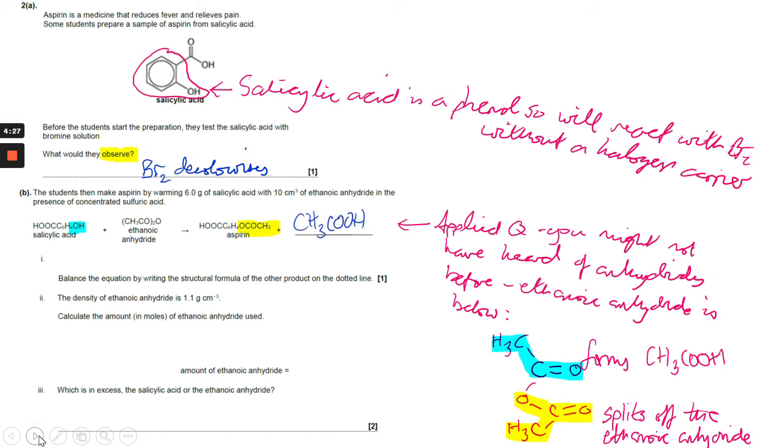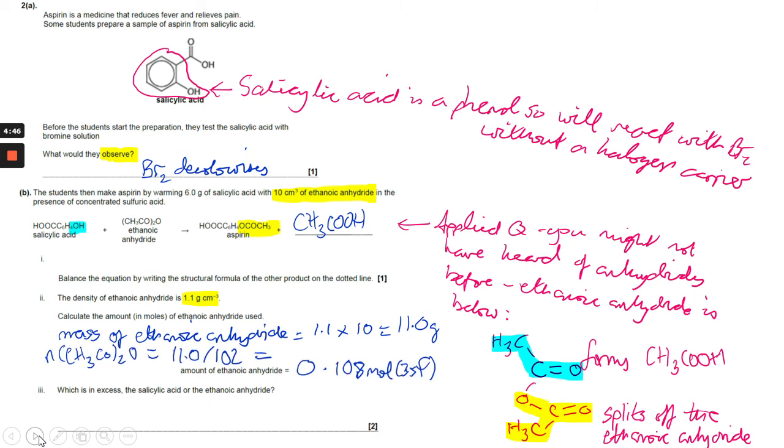The next part of the question asks you to think about some data. It says the density of ethanoic anhydride is 1.1 grams per centimeter cubed. Density is mass over volume, so mass will be density times volume. In this case, it's 1.1 times 10, which gives you 11 grams. Taking the molar mass of ethanoic anhydride as 102 grams per mole, you divide the mass by the molar mass to get 0.108 moles.